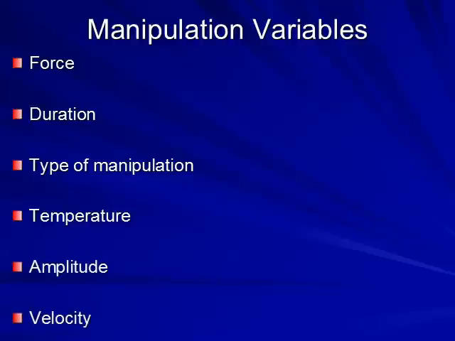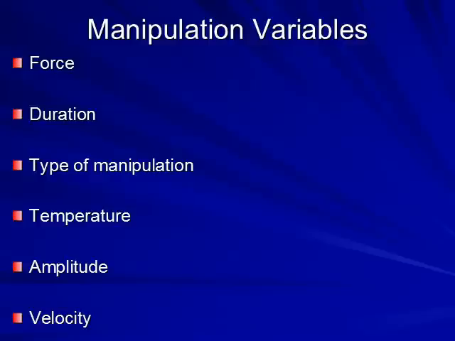All right, so these are the variables we look at. These are the things you can change to get your attendant effects, to get more mechanical effects, more neurophysiological effects, more psychological effects. You can change the force. You can change how long you do it, the duration. You can change what type. Do you do an oscillation, a small back and forth motion? Do you do a thrust? You can change the temperature. You can try to add heat.